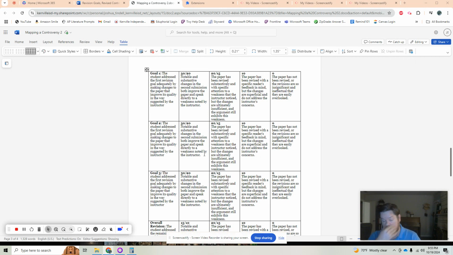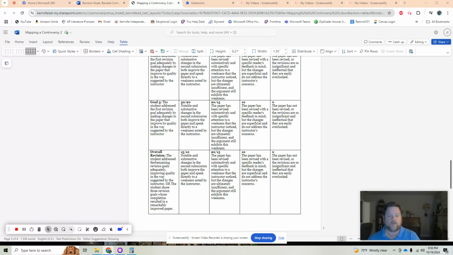To get the high category in all three, each of these goals needs to show substantive and significant improvements on each of the goals that you set. So goal 1, 2, and 3. All three of these together add up to 60% of the grade. So 60% of the grade on this paper is essentially just, did you do the revisions that you listed in your three goals, and did you do them effectively?